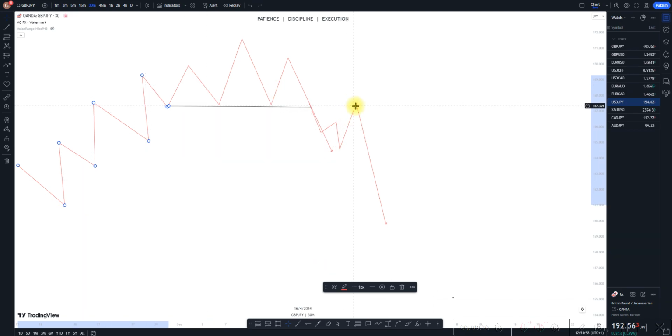So you can target as much as 100 pips, 120 pips, 150 pips. It just depends. You can also target this last low because you already know that we've changed bias, from being bullish to being bearish.